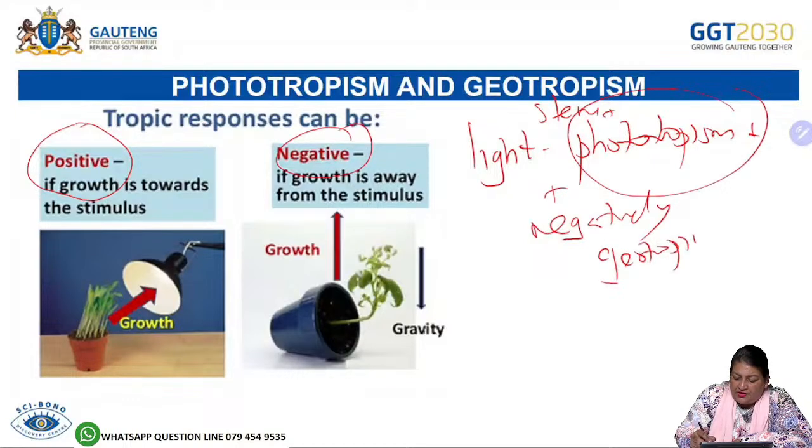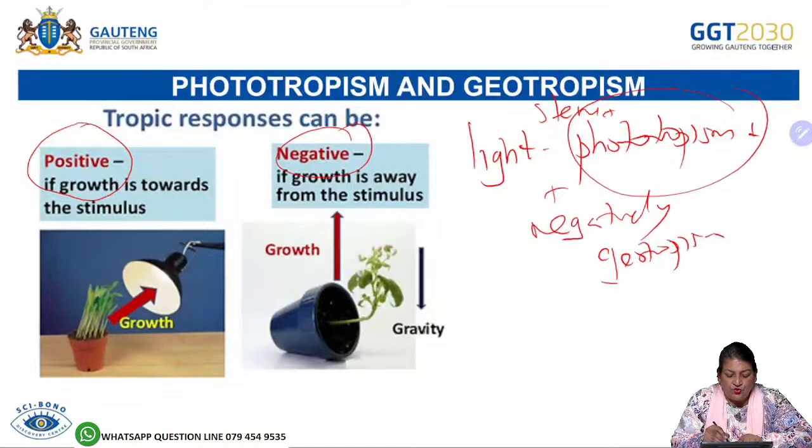Okay? So stems are positively phototropic because they move towards light as a stimulus. But stems are negatively geotropic because stems do not grow down towards gravity. Therefore, they are negatively geotropic.